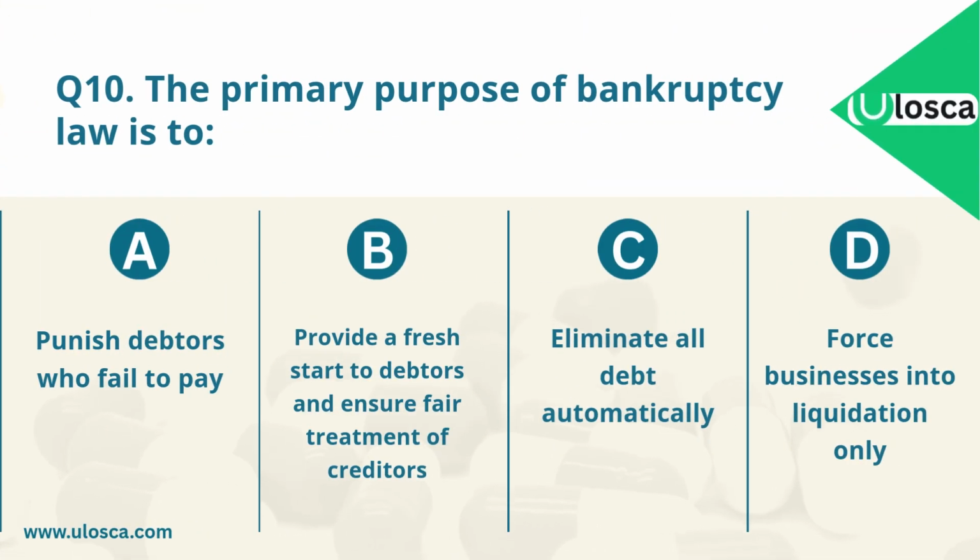Question 10. The primary purpose of bankruptcy law is to A. Punish debtors who fail to pay. B. Provide a fresh start to debtors and ensure fair treatment of creditors. C. Eliminate all debt automatically. D. Force businesses into liquidation only. Which one is the correct answer?